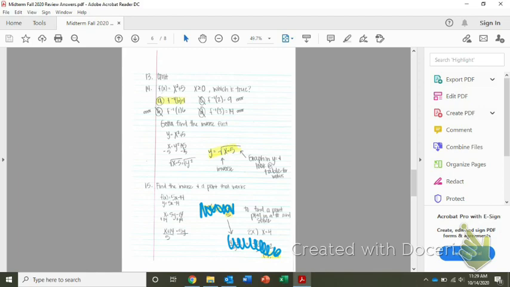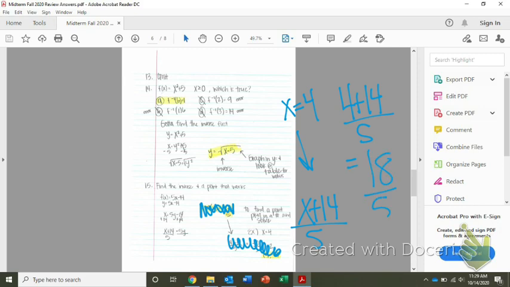And it needs to say x plus 14 over 5. I just rewrote it wrong. When you plug in x equals 4, you get 4 plus 14 over 5, which is 18 over 5. Okay, so be sure you fix that. So sorry.